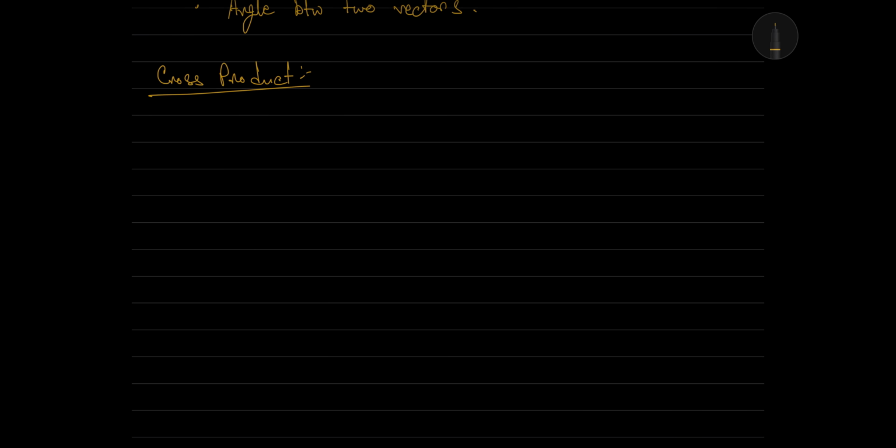Now let's talk about the cross product. The cross product of A and B vector will be mod A mod B sin theta n cap. And what will be the direction of n cap? n cap will be like, if A vector is along x direction and B vector is along y direction, then n cap will be along z direction.